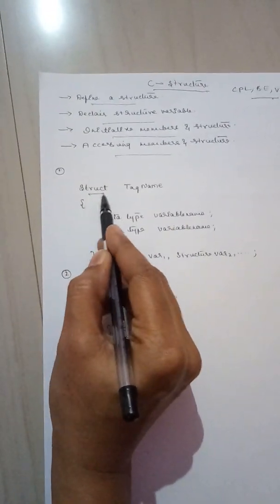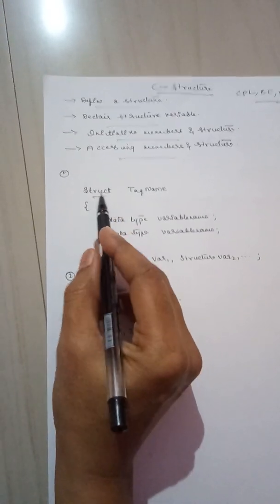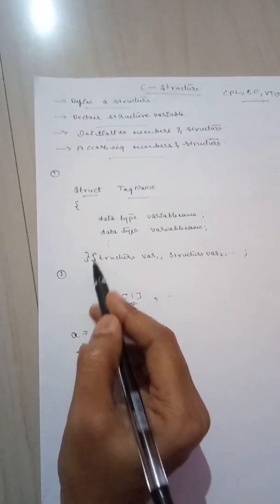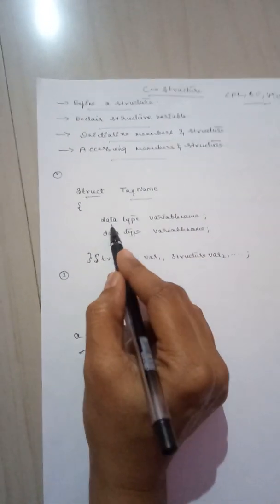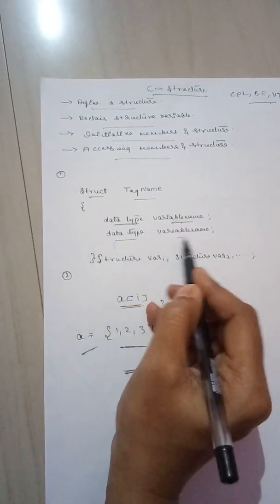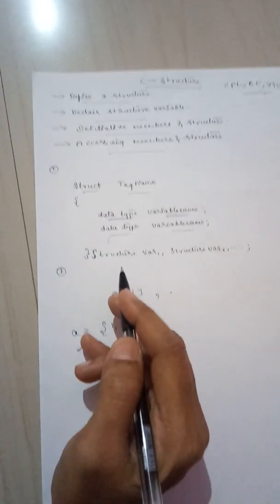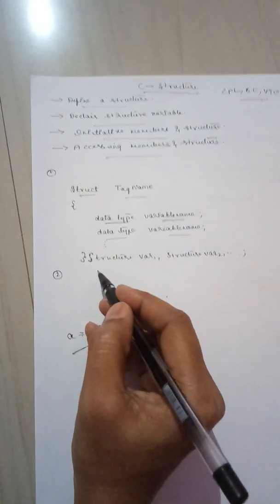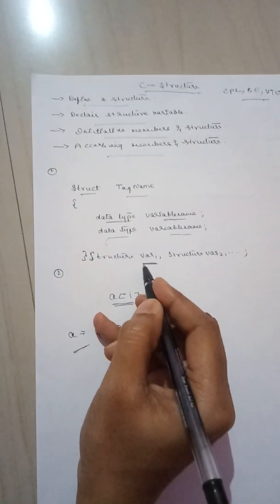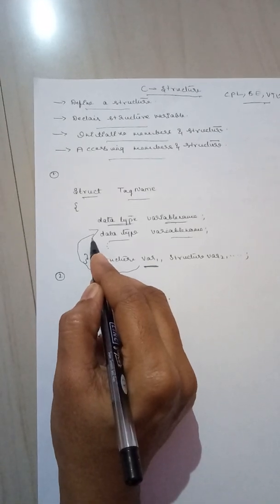This is the struct. We are using structures now, that's why we have to write struct, then the tag name, then within the curly brackets we define the variables, and different data types we can use. Then after closing the curly bracket, we can define the structure variables which hold the details of the members of the structure.